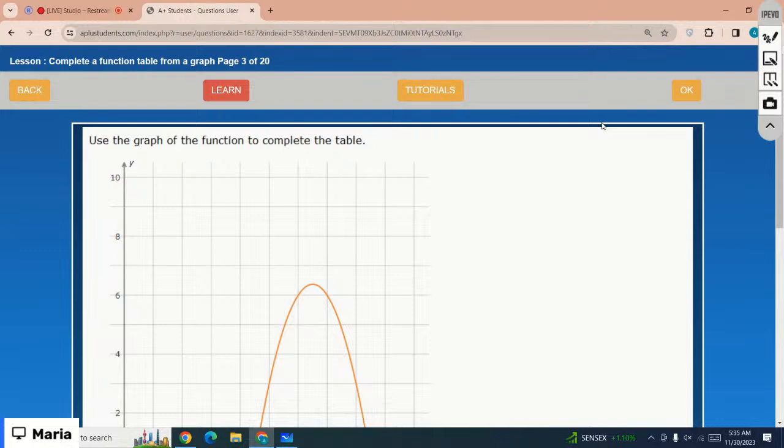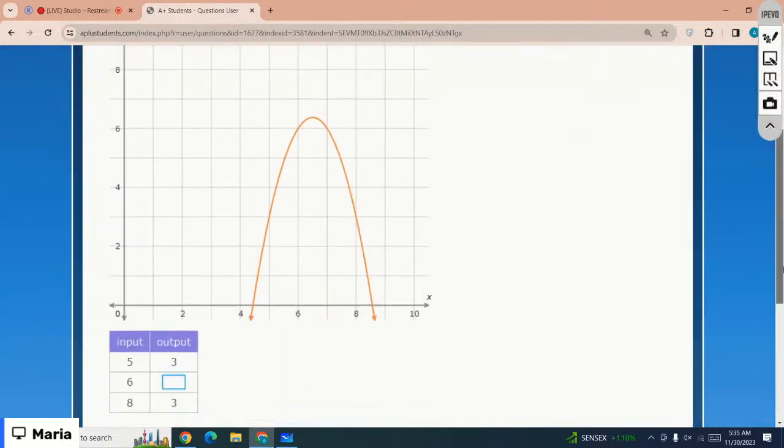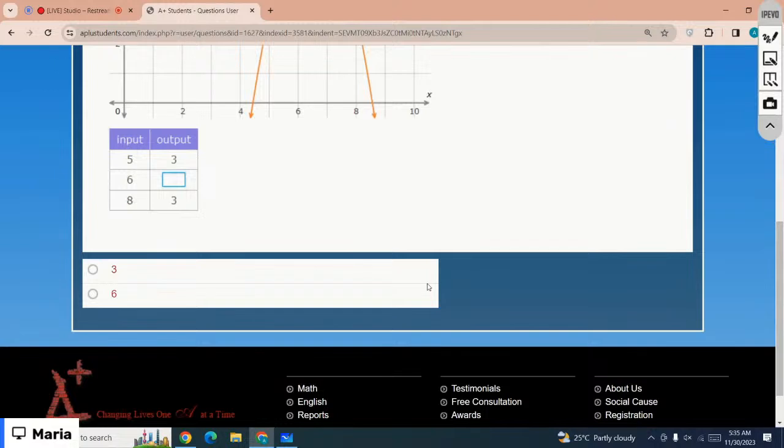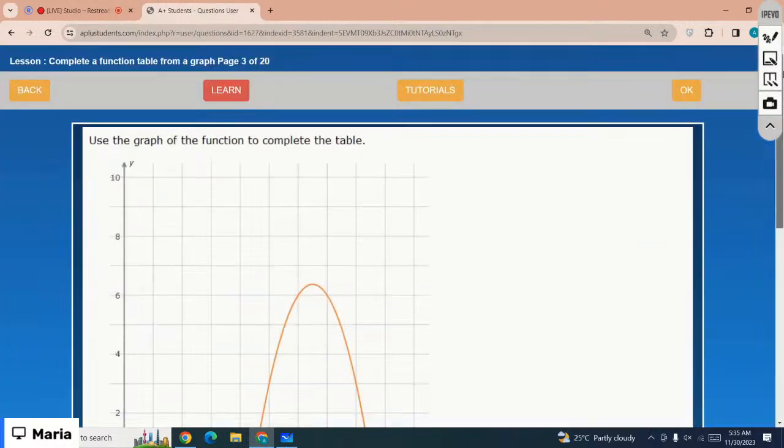Okay, so you have to see the value of x equals 6. So here is 6. Just match it to the y axis. When x is 6, y is also 6. The correct option is 6, right?